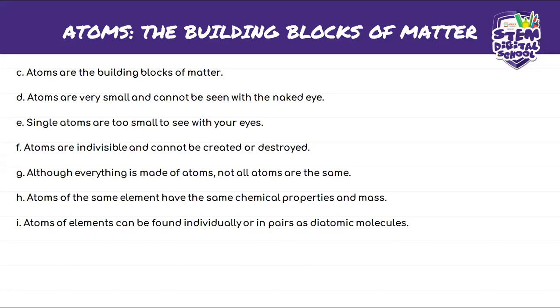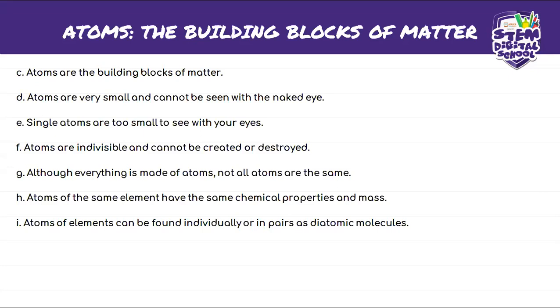But the atoms are very small and cannot be seen with the naked eye. What it means is that we cannot just use our naked eye to see it, we have to use a powerful microscope or apparatus so that we can see it. Single atoms are too small to see with your eyes.